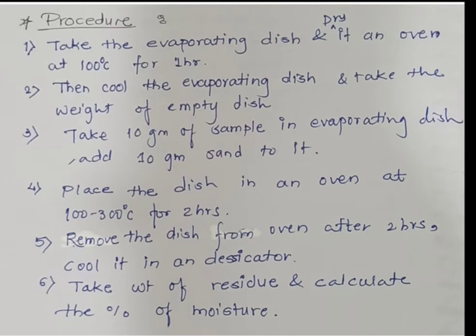After 2 hours, remove the dish from the oven and cool it in a desiccator. After cooling, take the weight of the residue and calculate the percentage of moisture. After heating in the oven, the moisture or the volatile material evaporates, so only the residue remains, and from that we calculate the percentage of moisture.